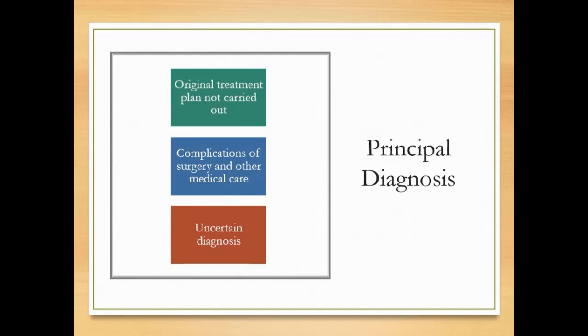Next up, we have uncertain diagnoses. Here, we're talking about when the provider at the time of discharge says probable, suspected, likely, questionable, possible, still to be ruled out, or other terms that indicate uncertainty. You're going to code the condition as if it existed or was established.